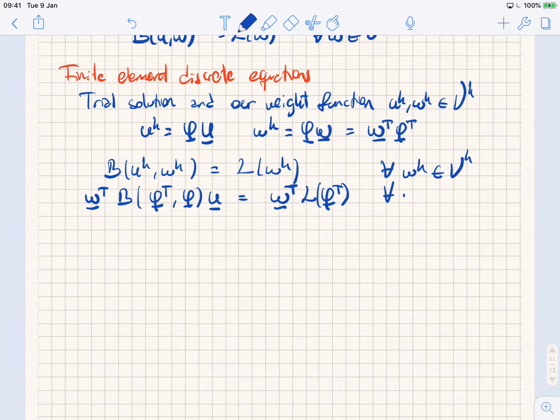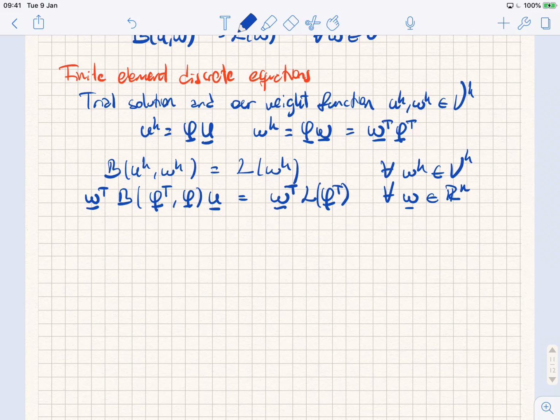Then this has to be valid for all coefficients in some Euclidean space. We really don't know how many degrees of freedom we have, so I call it Rn, and n is going to be basically the number of degrees of freedom that you have in your problem. So that depends on the number of elements that you use to discretize your domain.